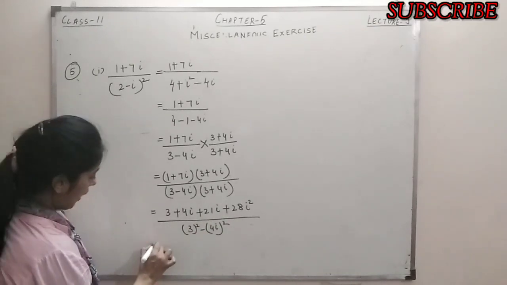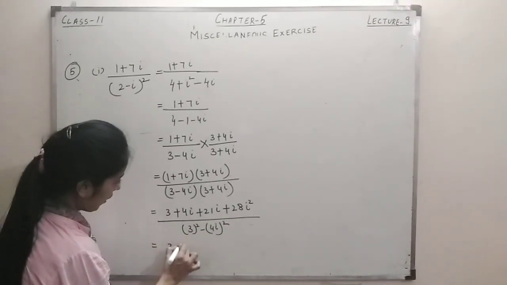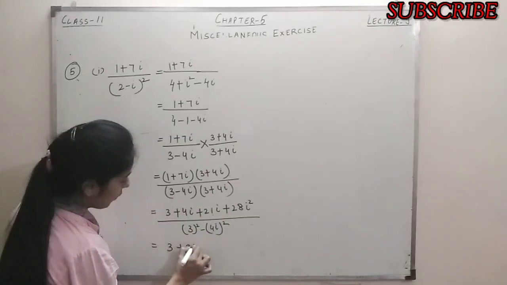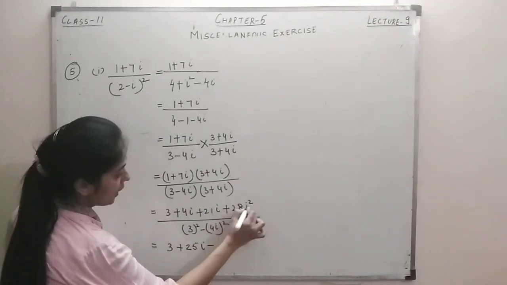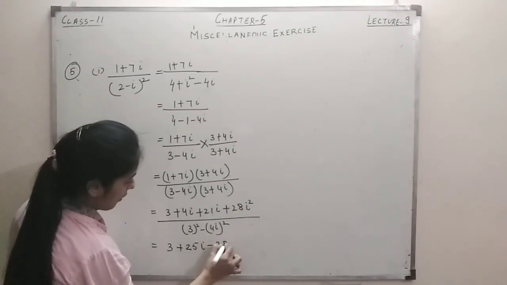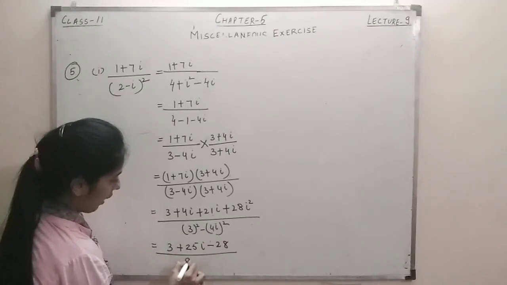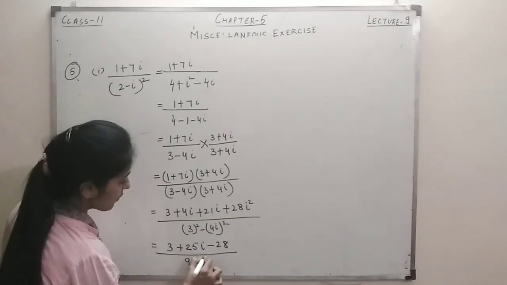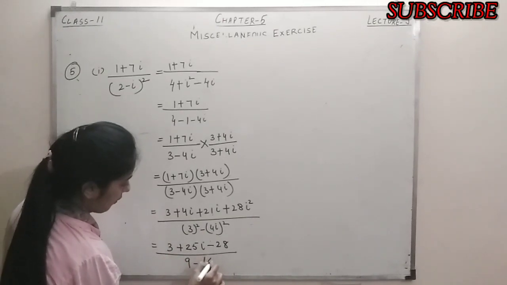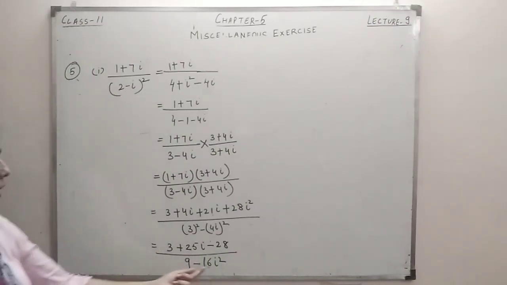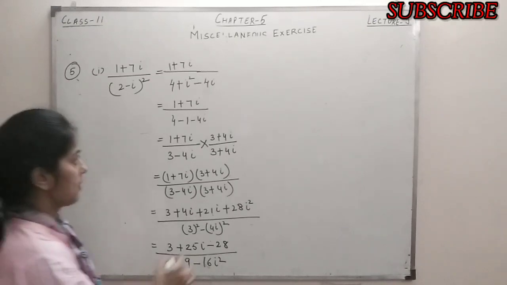Right? That will come, that is 3. 4i plus 21i, that is 25i. 28i square is minus 28 upon a square, that is 3 square, 9 minus 16i square. Right? As i square is minus 1, it is 9 plus 16.